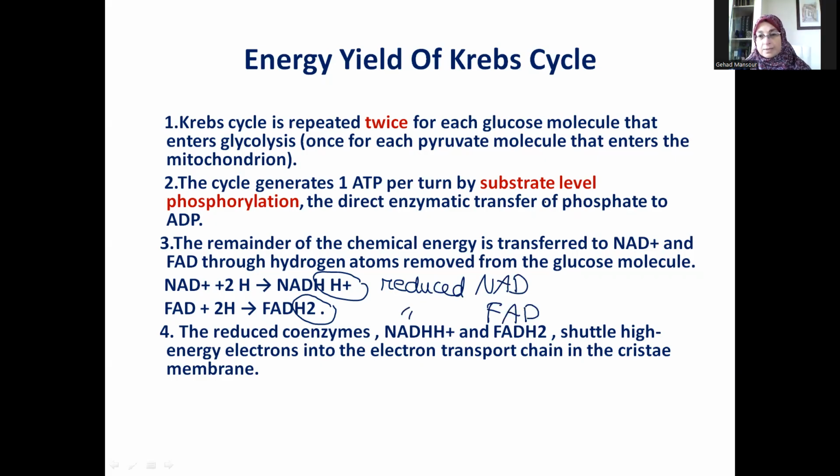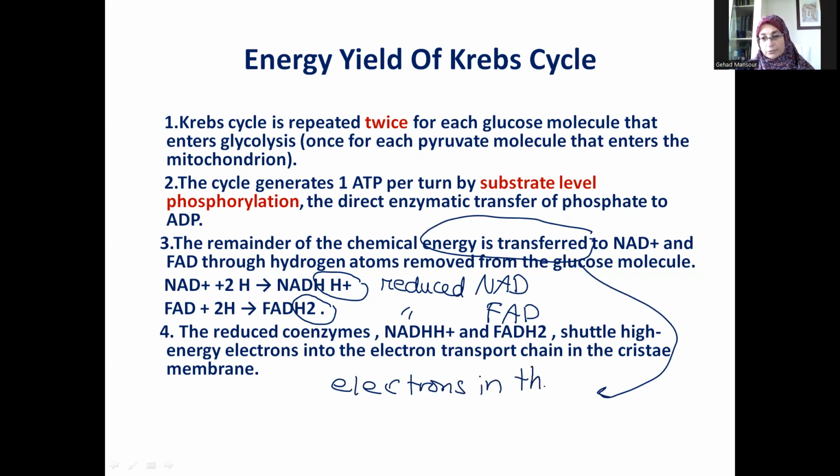Why do we say that the energy has been transferred to NAD? Because the electrons in those hydrogen atoms are high energy electrons. So electrons in those hydrogen atoms that are carried by the hydrogen carriers store a lot of energy, and therefore they should be accepted at a high energy level.